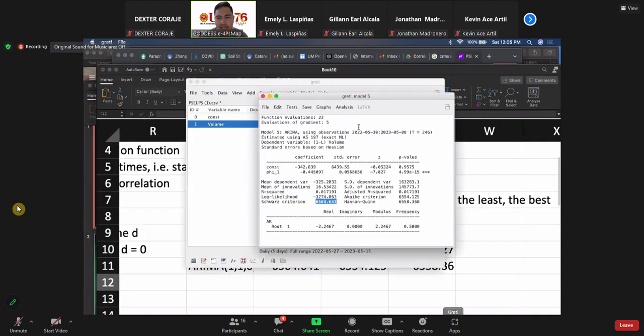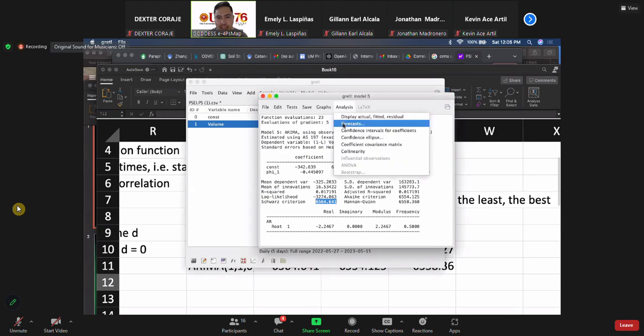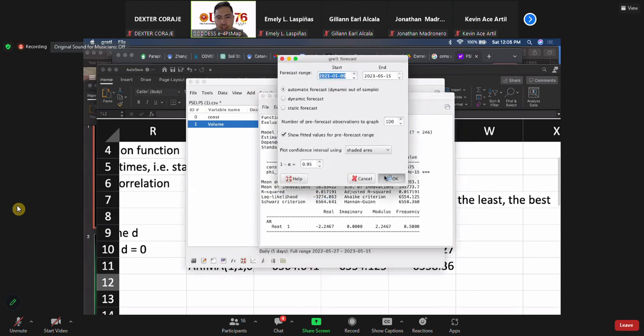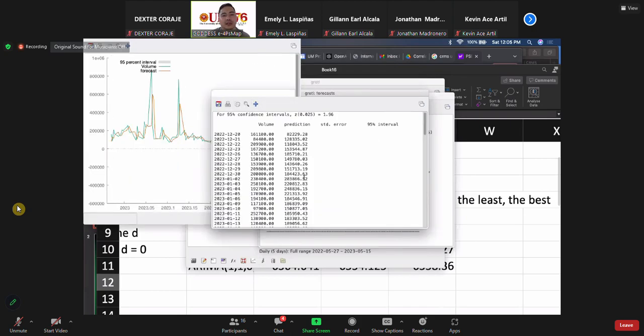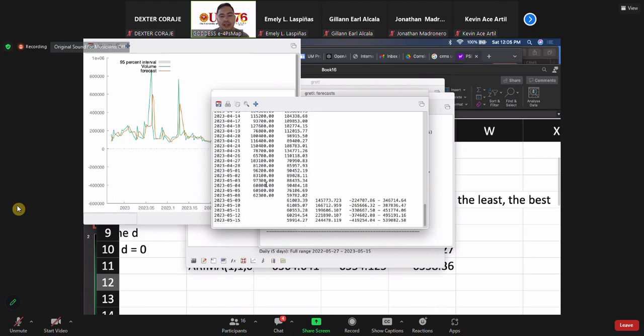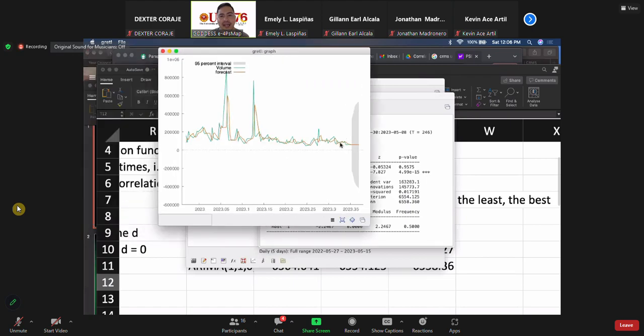So again, when you do your forecasting, you go to analysis, forecast, and then shaded area. Okay, so this one will be the forecasted values. And the error is very large, look. It is very spread out. But your series looks to me like it's almost in sync with your original data.